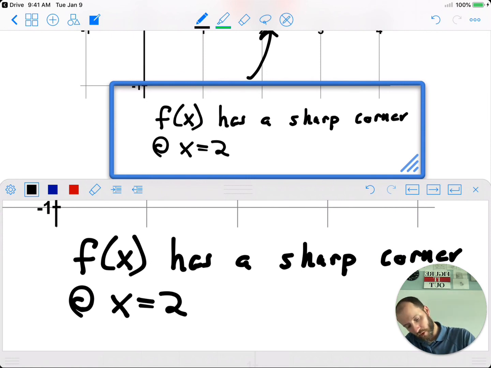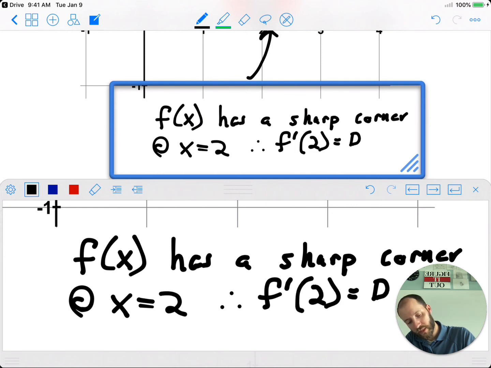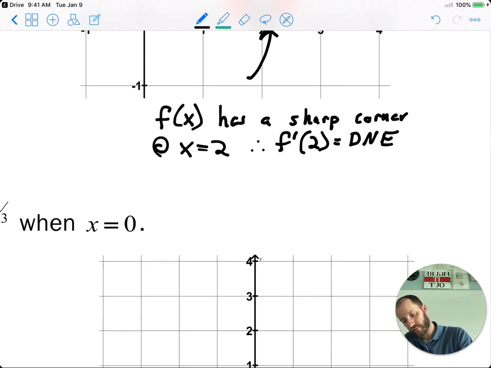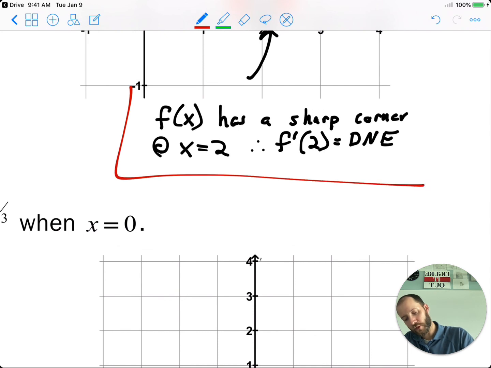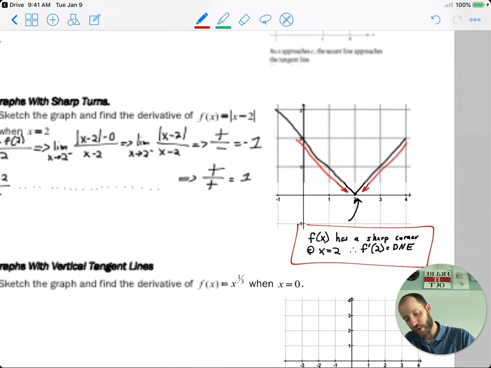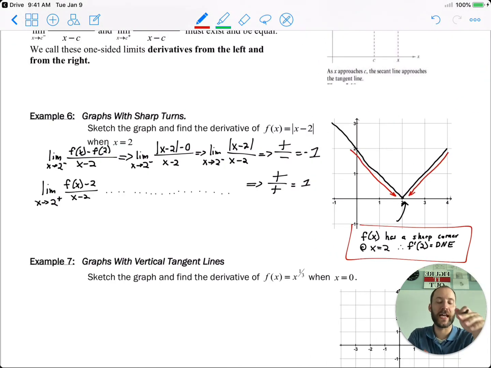Therefore, f prime of 2 does not exist. Visually, that's one way you can look at a graph not having a derivative at a point: if you have a sharp corner. Take a look at example 7 also, try that. Check your work and answers with my completed notes.